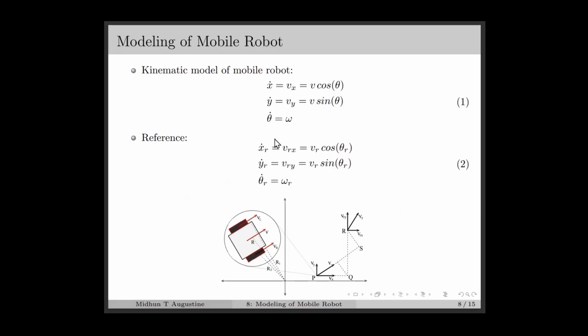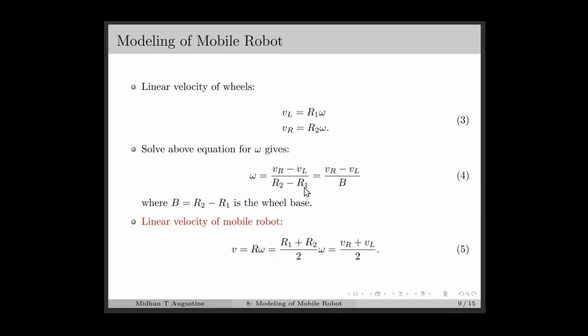Similarly, for the reference trajectory, we have Vrx equal to Vr cos theta and Vry equal to Vr sin theta, and theta dot equal to omega r. Now, for this mobile robot, we have the equation for the linear position, which is equal to r times angular position. Therefore, the linear velocities of the wheels can be obtained as VL equal to r1 omega and VR equal to r2 omega.